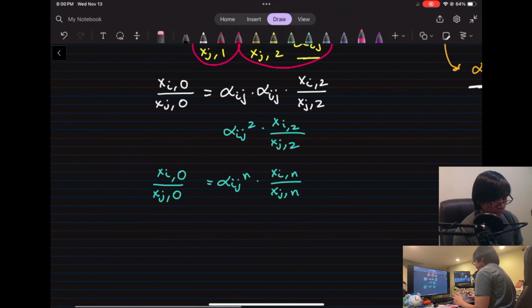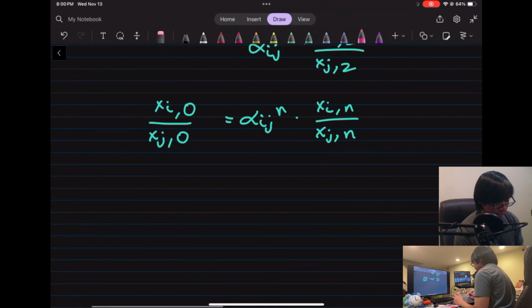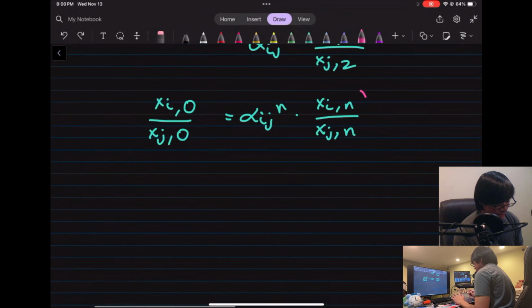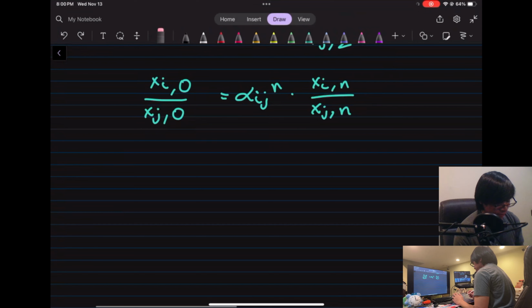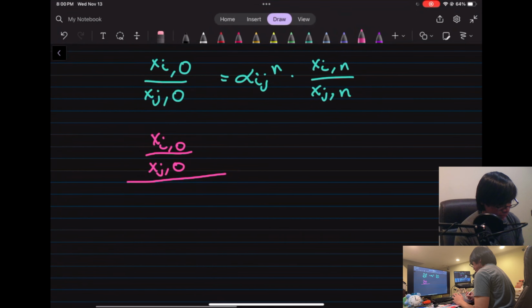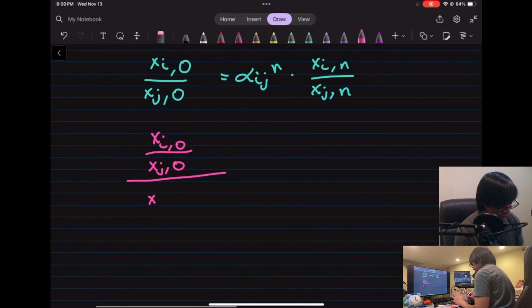So since we're solving for n, all we have to do is divide this over. So that is light key and heavy key ratio of our liquid mole fractions at the initial step, and then that's over our final stage. Again, a ratio between light key and heavy key liquid mole fractions equal to alpha ij, the nth power.